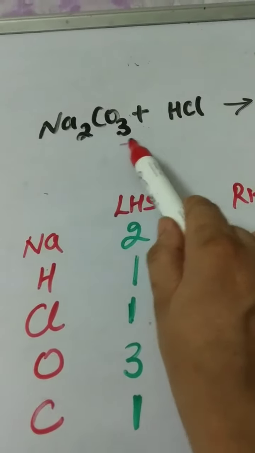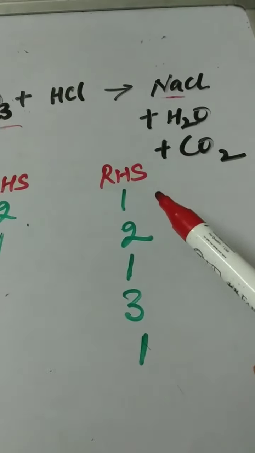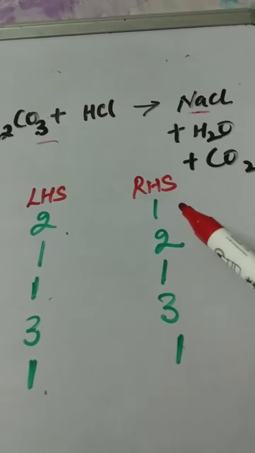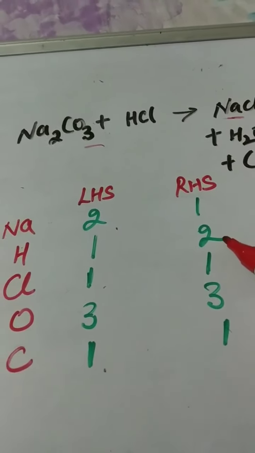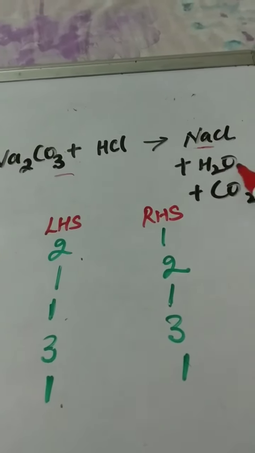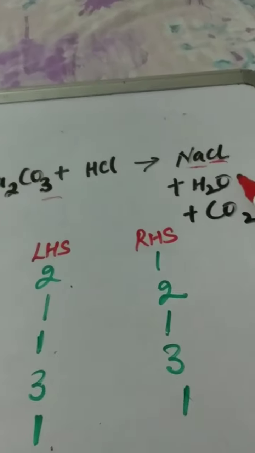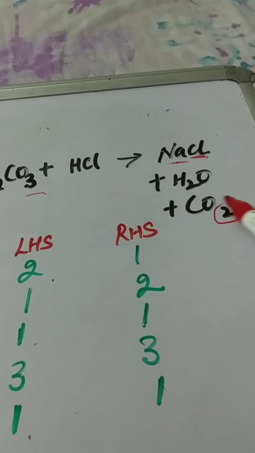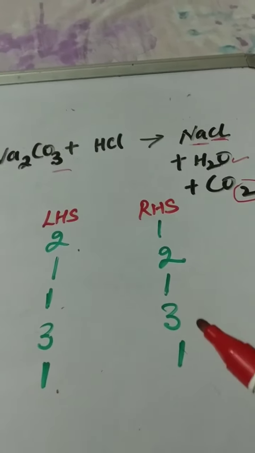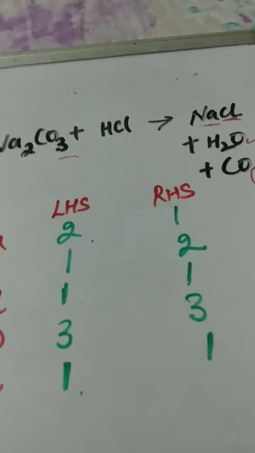Oxygen reactant side 3 and carbon 1. Right hand side, product side, sodium 1, hydrogen 2, chlorine 1, oxygen 3, that is 2 and 1, 3. Clear? Carbon 1 only. Now we need to balance.